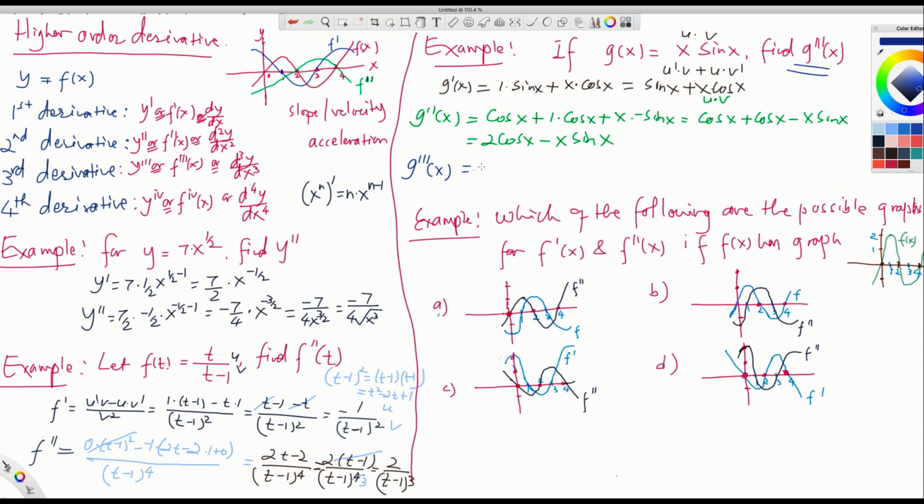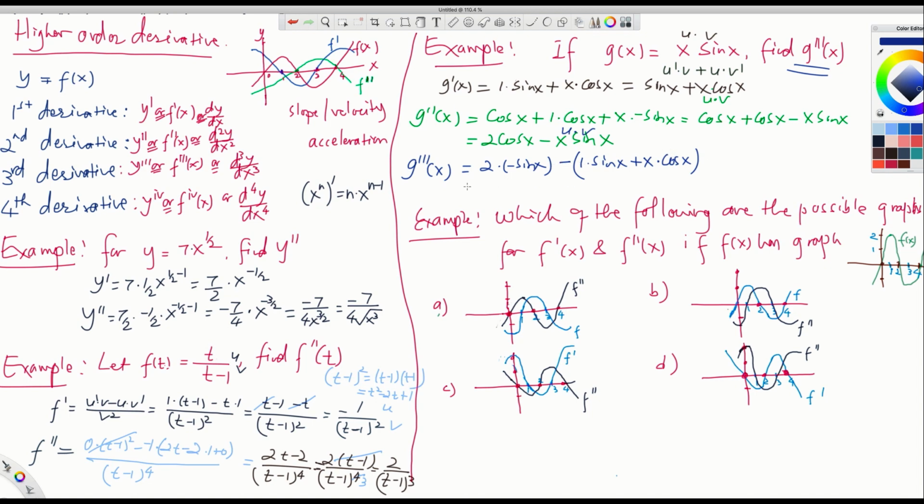So that is basically the derivative of 2 cosine x, which is 2 times negative sine x, right? Because the derivative of cosine x is minus sine x. Then for x sine x, it is u times v again, so minus the derivative of u times v, and then plus u times the derivative of v. Now you need to distribute that negative sign to all of those. So what do you get?